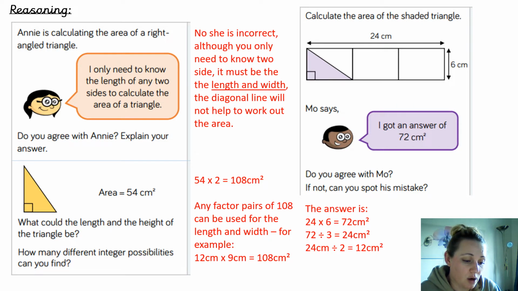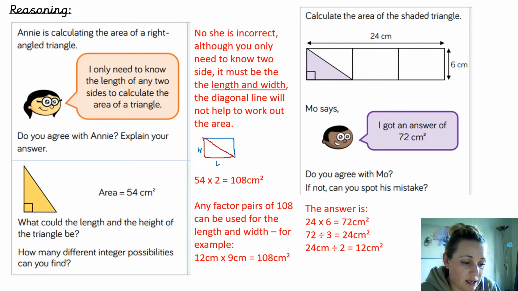Okay, so on that, if you think back, if this is our triangle, in order to work it out, we're going to be looking at this side, which is the width, and the length, because that is ultimately what will give us the area of the quadrilateral.